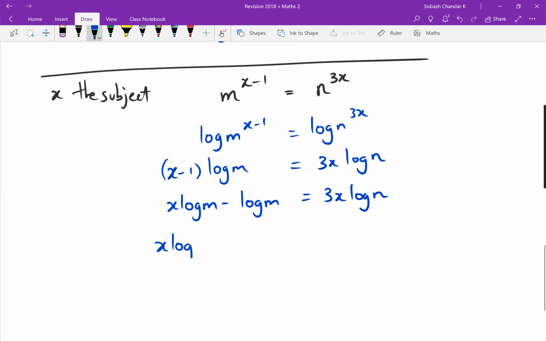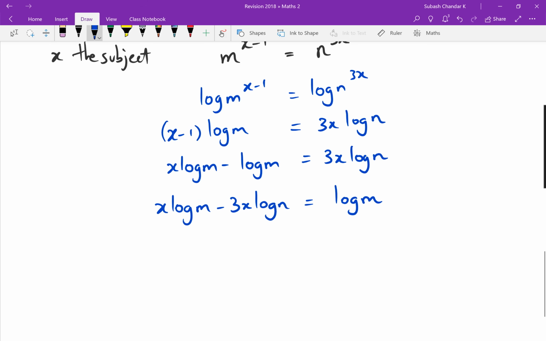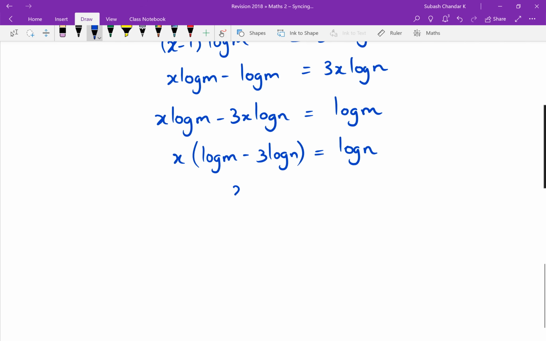So I've got x log m minus 3x log n equals log m. Okay? Now I got x as a common factor, so I can take it out, and I've got log m minus 3 log n equals log n.